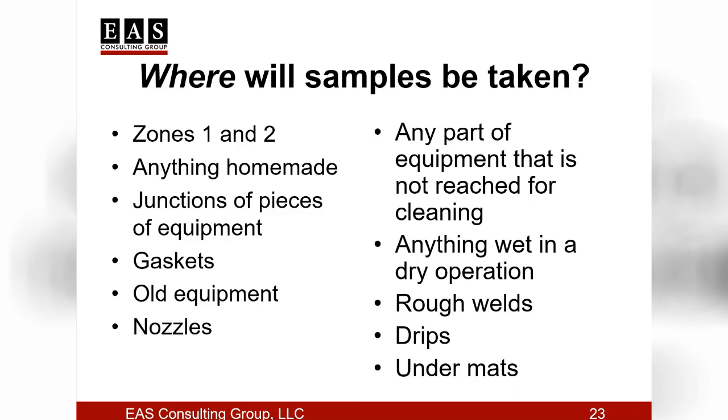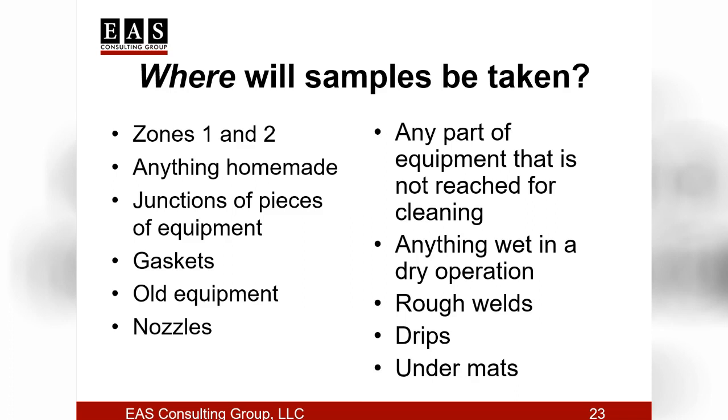Any place where there is water in a dry operation. I am a human drip detector. I can walk through a facility and see drips coming down from pipes, not just condensation, but I'm talking about leaky pipes. It's amazing.